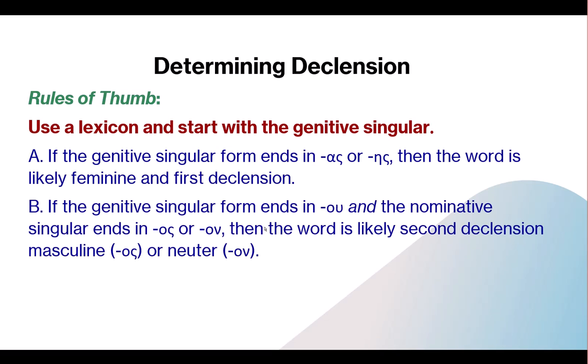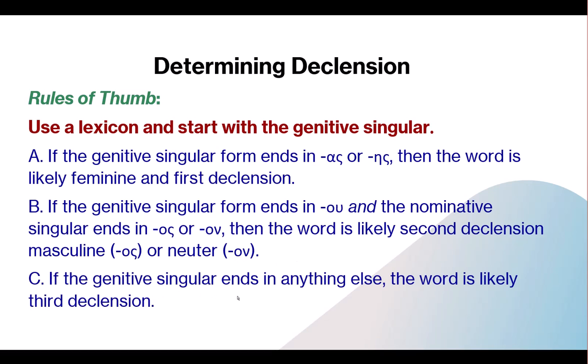If the genitive singular form ends in omicron upsilon and the nominative singular ends in omicron sigma or omicron nu, then the word is likely second declension, masculine with the omicron sigma lexical form, or neuter if it has an omicron nu as the lexical form, the nominative singular.